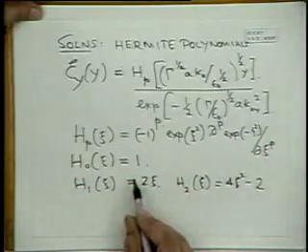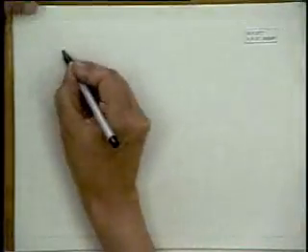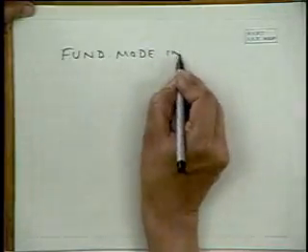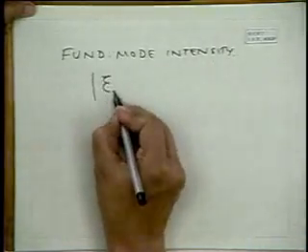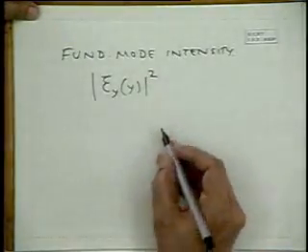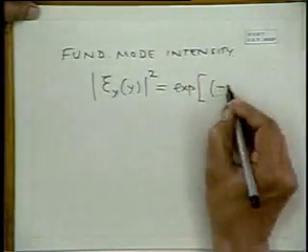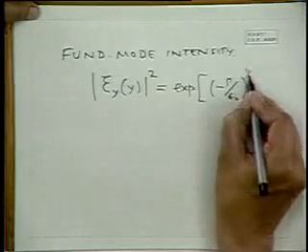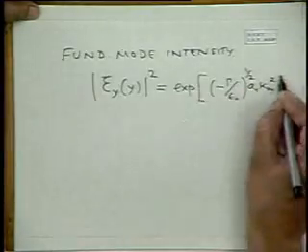And so if we put p is equal to 0 for the fundamental mode, and the intensity is proportional to the square of the electric field, so fundamental mode intensity, EY magnitude squared, variation along the y direction, turns out to be exponential minus gamma by epsilon 0 to the power half a k0 y squared.